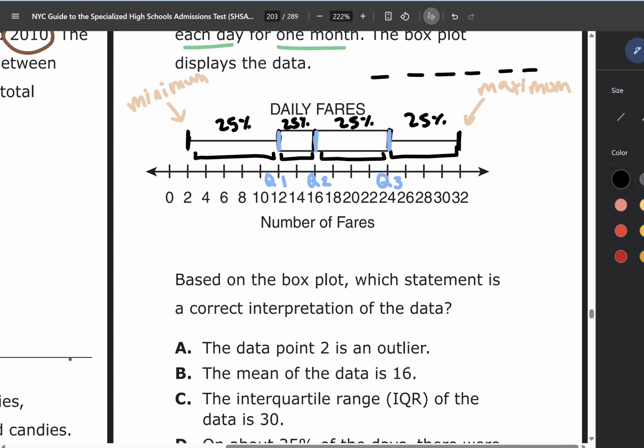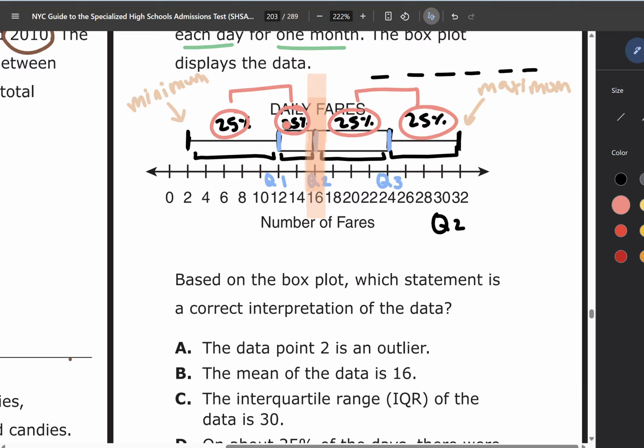One last thing is that Q2 is directly in the middle of the data set, and that makes sense. Why, you may ask? To clarify, we have 25% and 25% on the left.